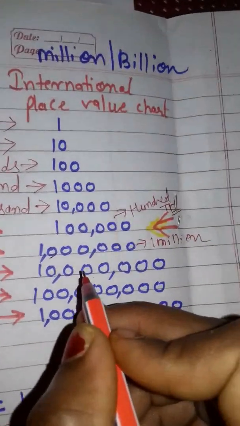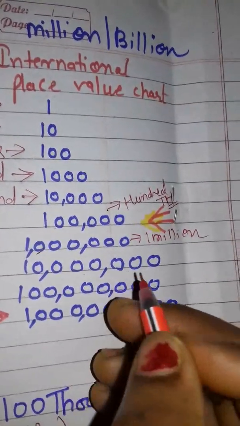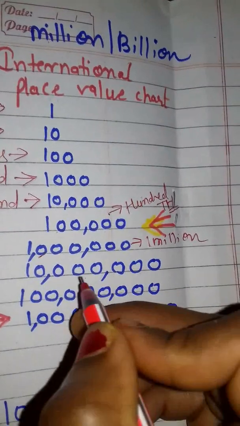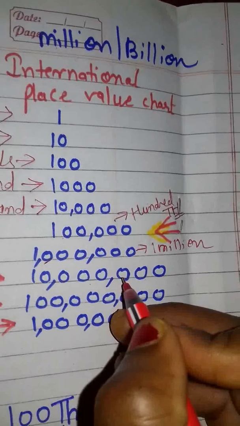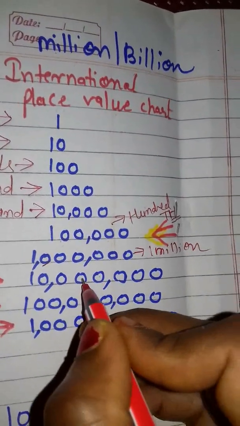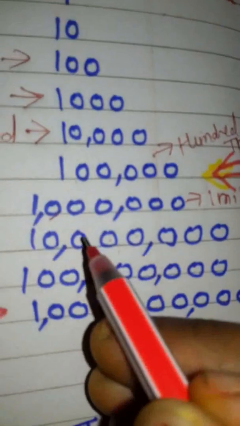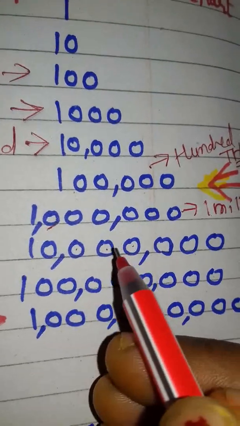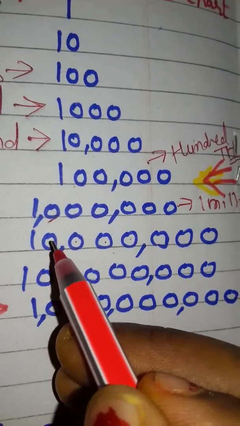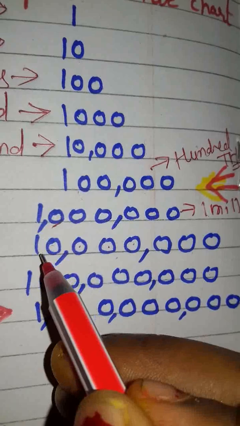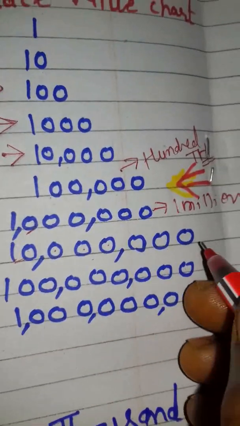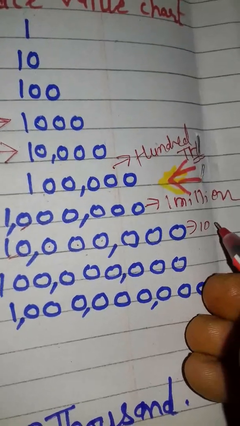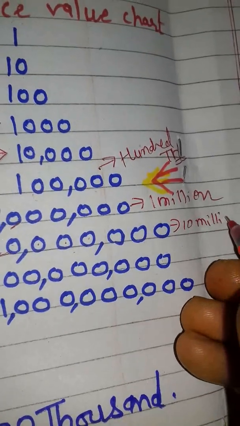Now the other side it is international. According to international system we will read, we will put comma after 3 digits. So ones, tens, 100, 1000, 10,000, 100,000. After that there is million period. So million, and after million 10 million. So we can say it is 10 million.